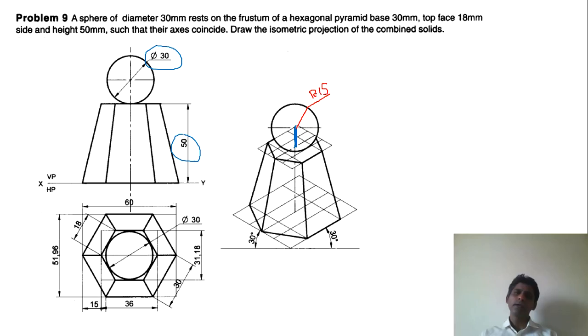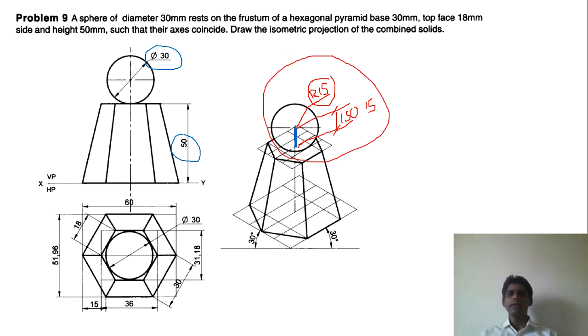Please take care that it has to be actual 15, and this length from here to here has to be isometric 15. This is important to note here. So this is the complete solution.